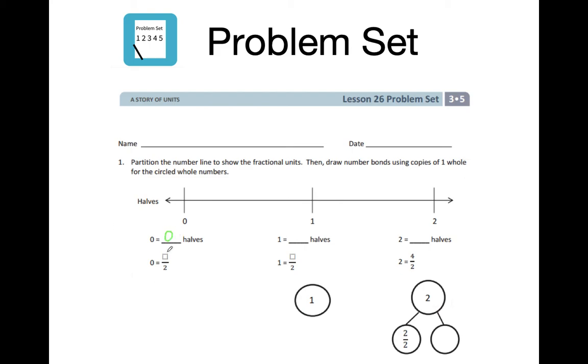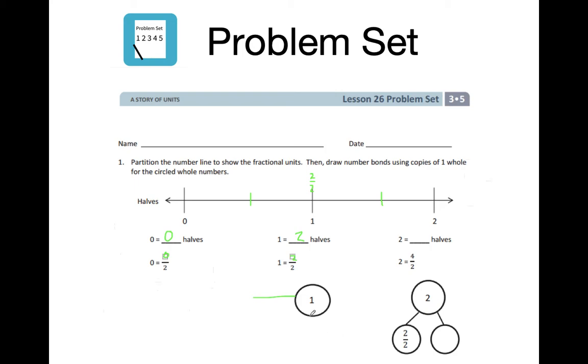There are 0 halves, right? But then if we were to break this into halves, how many halves are in one whole? So I would have 1 half, 2 halves, right? So this is 2 halves. There are 2 halves in one whole.